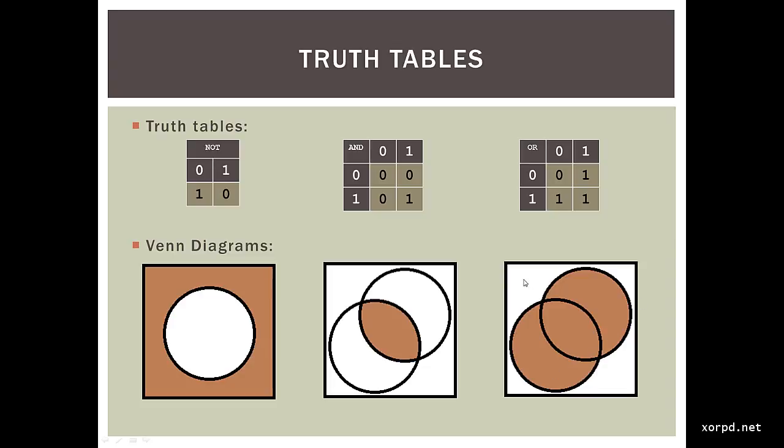First, let's begin with the outer region, which is colored by white. I remind you that the outer region corresponds to the input of 0, 0. Why is that? Because it is outside both of the circles.